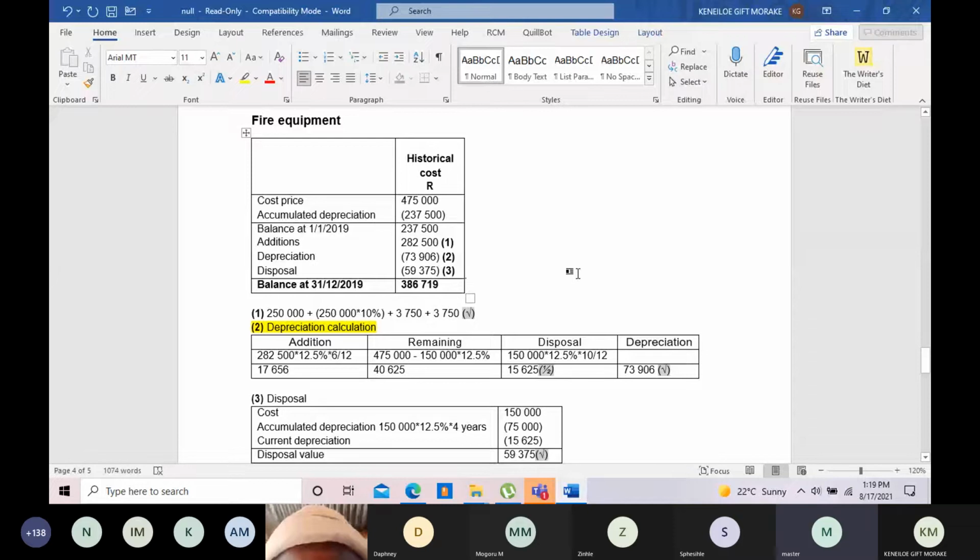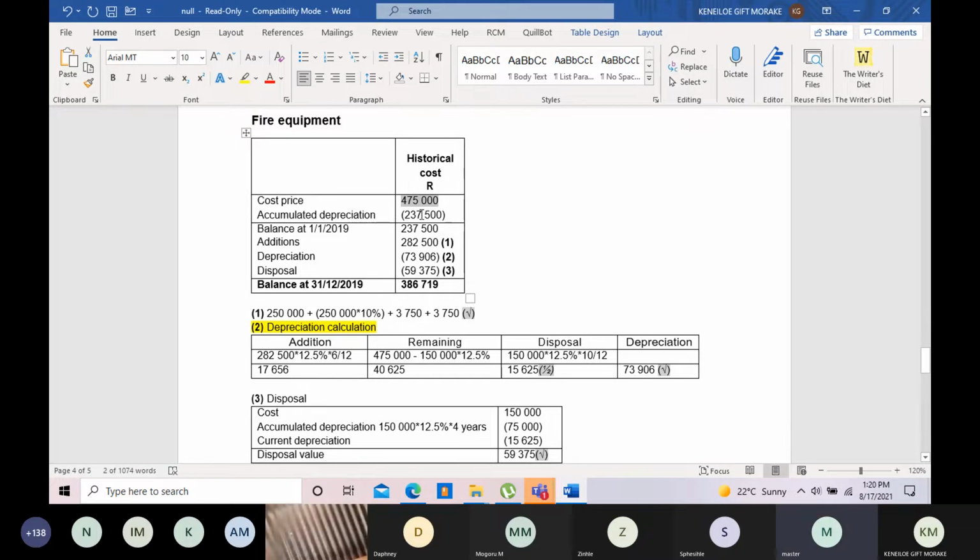So now I believe that you can all see what I'm talking about. Under fire equipment, there's this cost price under historical cost. There's 475,000, which is the cost price of the fire equipment.